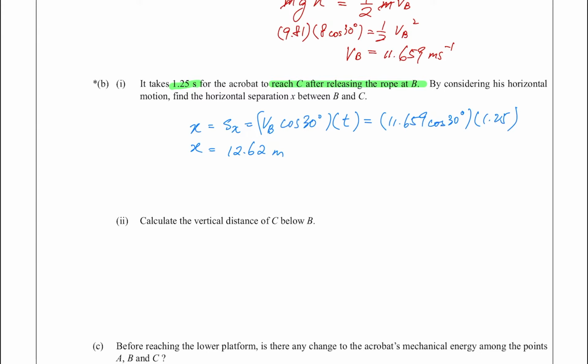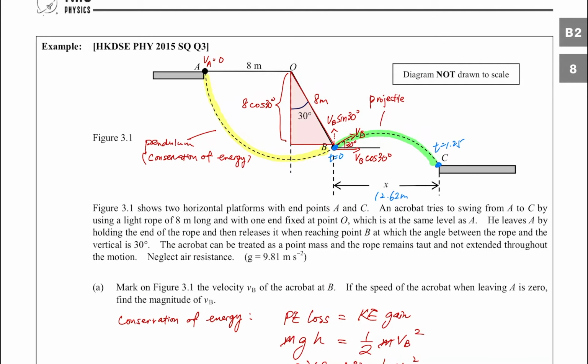For part 2, we want to calculate the vertical distance of C below B. I want to know how much the acrobat dropped in this 1.25 seconds. In other words, we want to calculate the vertical displacement within this 1.25 seconds.